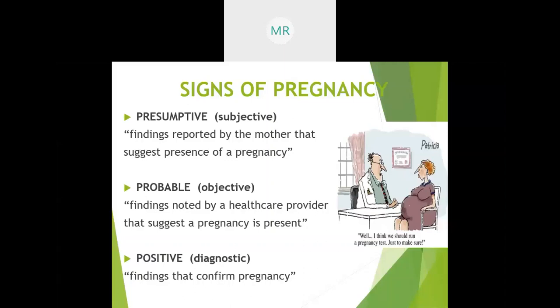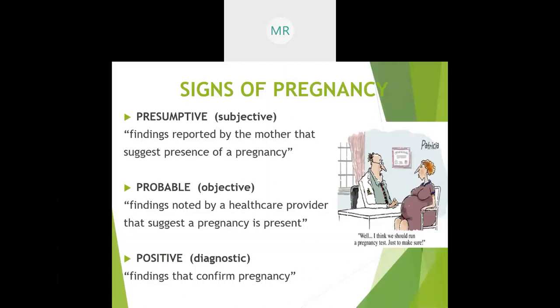We will talk about molar pregnancies when we talk about high risk pregnancies. Okay. So positive diagnostic signs are truly diagnostic. That is the point of no return, and these findings do confirm a pregnancy. And that is a fetal heart tone. Fetal heart tone, usually about 110 to 160 beats per minute is normal.